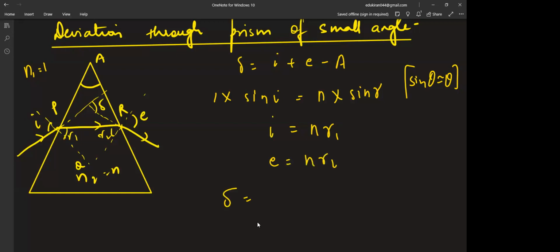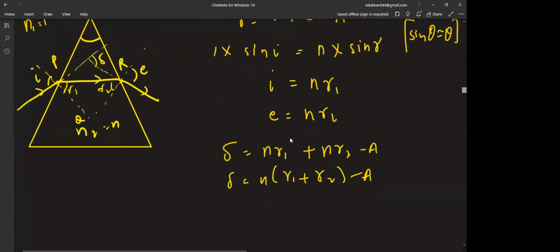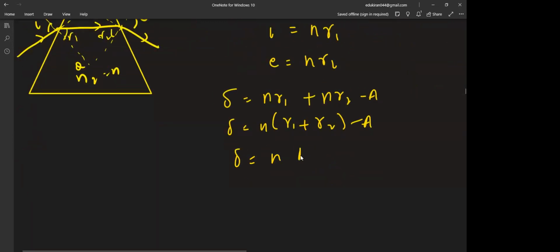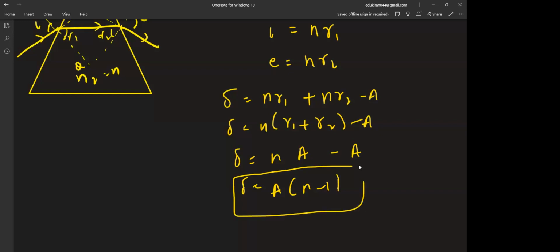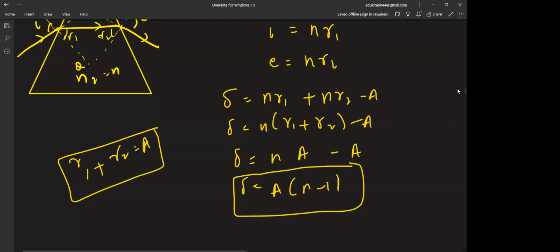So delta will finally be equal to N R1 plus N R2 minus A. You take N common, this will be R1 plus R2 minus A. What is R1 plus R2? R1 plus R2 is A, minus A. So we take A common, we are left with N minus 1. Okay, why? Because R1 plus R2 is equal to A.